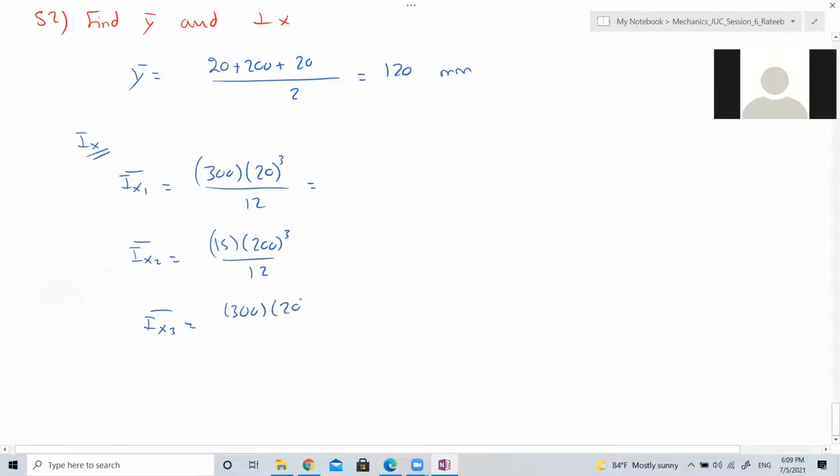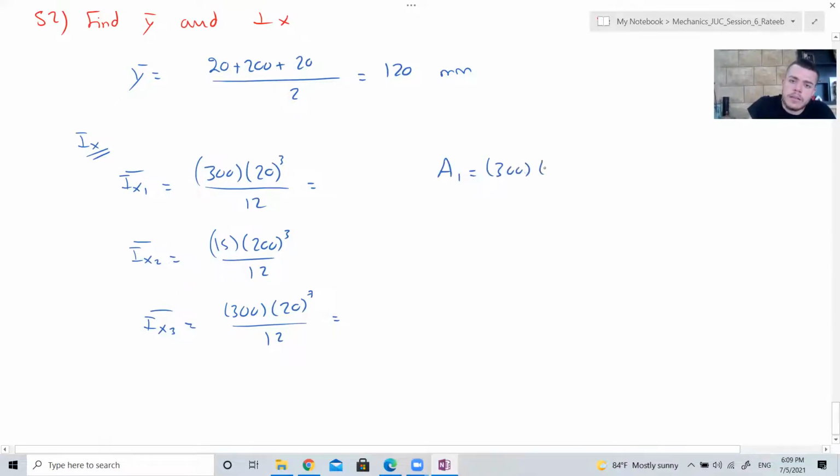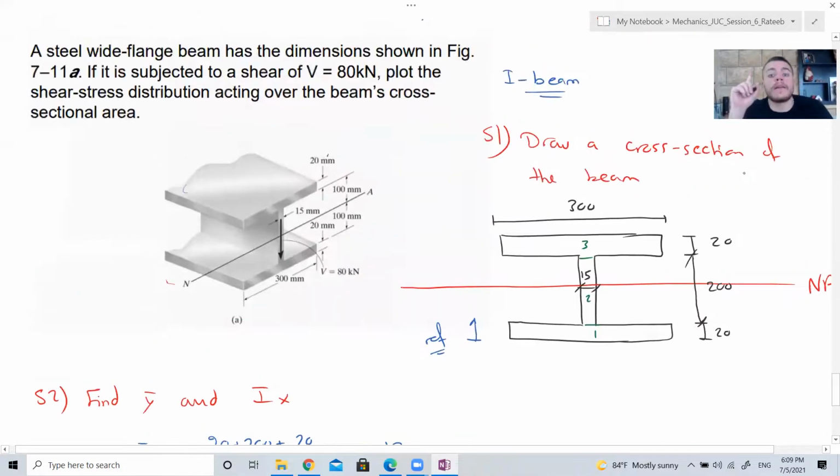What is area 1? It's 300 times 20, which is 6,000. What's area 2? It's 15 times 200. Area 3 is 300 times 20. What is y1 bar minus y bar squared? What is y1 bar?